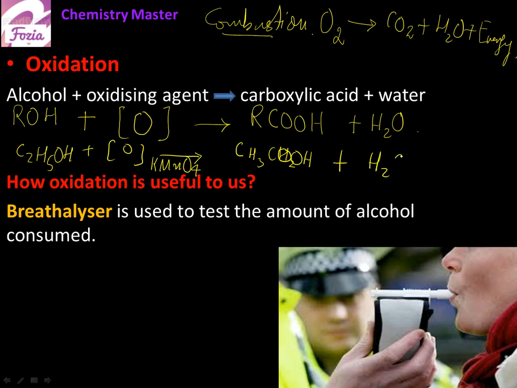So here you see the conversion of alcohol to another class of organic compounds, that is carboxylic acid. So whenever during some chemical change the alcoholic functional group is converting into a carboxylic functional group, we say oxidation is going on.